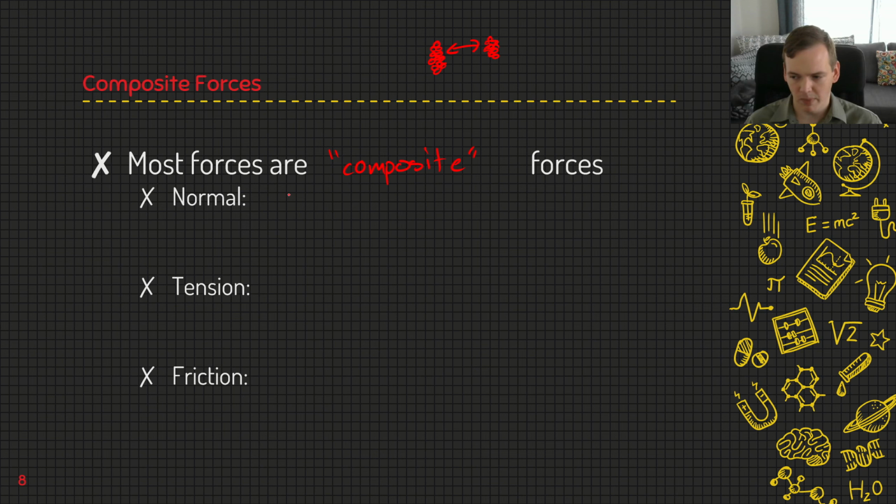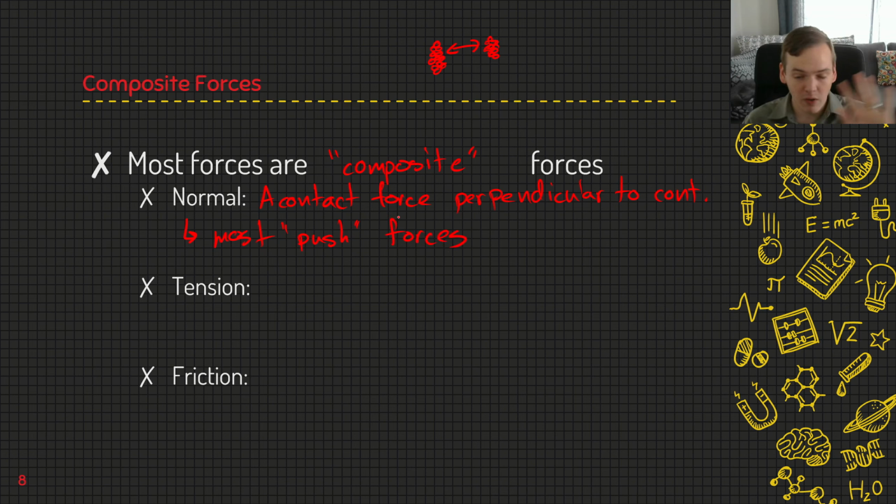So a normal composite force is a contact force perpendicular to the contact. Or in other words, you can think about this as most push forces.